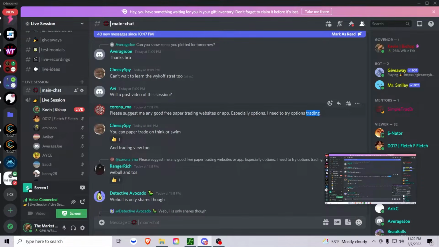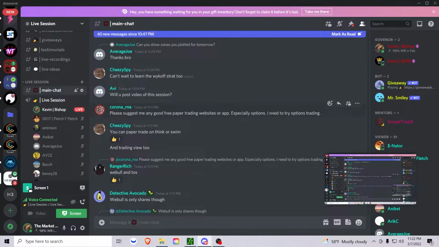If you guys do know another good paper trading platform that trades options, do let me know, because I would love to give exposure to it. The way I paper traded options was basically using Thinkorswim, right? But before that, I just used a notebook. I would write down the price I would theoretically enter in and stuff like that.